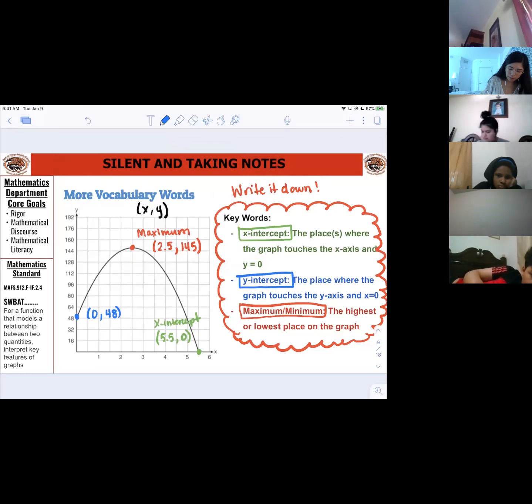So that's what I have for my y-intercept, my x-intercept, and my maximum. Do I have any questions on what these look like or why I put them where they are? Wait, Miss, what if you can't really tell where the dot will end? Like right now, you said it was probably like 145. If I'm asking you to estimate, I'll tell you.